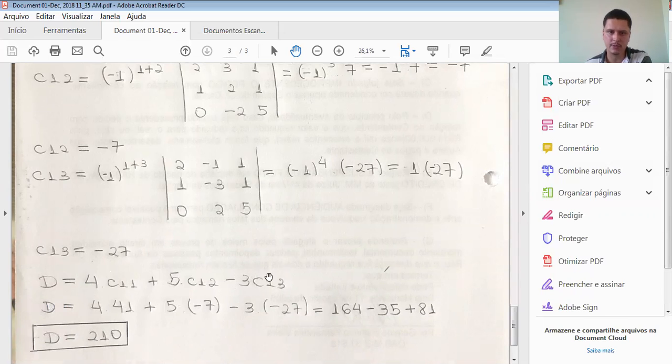Minus 3 times C13, minus 3 times minus 27. 4 times 41 equals 164. 5 times minus 7 equals minus 35. Minus 3 times minus 27 equals 81. If you do this very simple calculation, 164 minus 35 plus 81, you're going to reach the determinant of the original 4x4 matrix, which is 210.